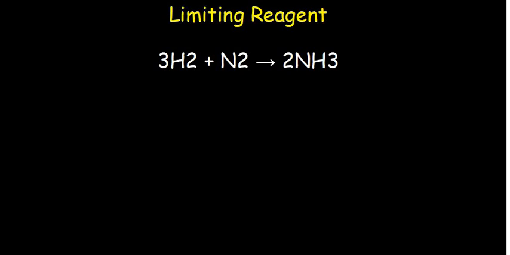Okay, so what is a limiting reagent? A limiting reagent is basically a reactant that finishes faster in a chemical reaction. We can also define the limiting reagent to be a reactant that produces less of a product.